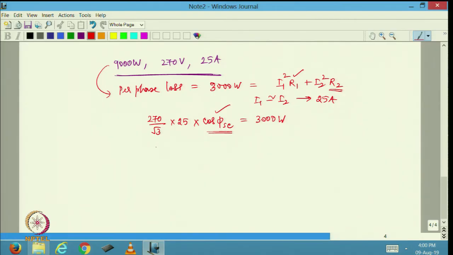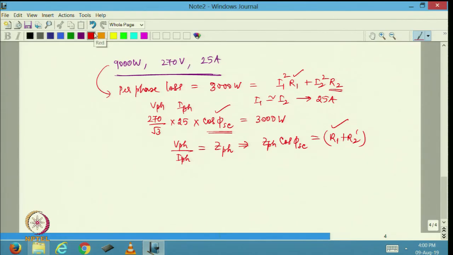Now, I should be able to get V phase divided by I phase, which is equal to Z phase. Once I get Z phase, Z phase multiplied by cos phi SC will be equal to R1 plus R2 dash. R1 is already given as 2.8 ohms, because of which I would be able to determine R2 dash without any difficulty.